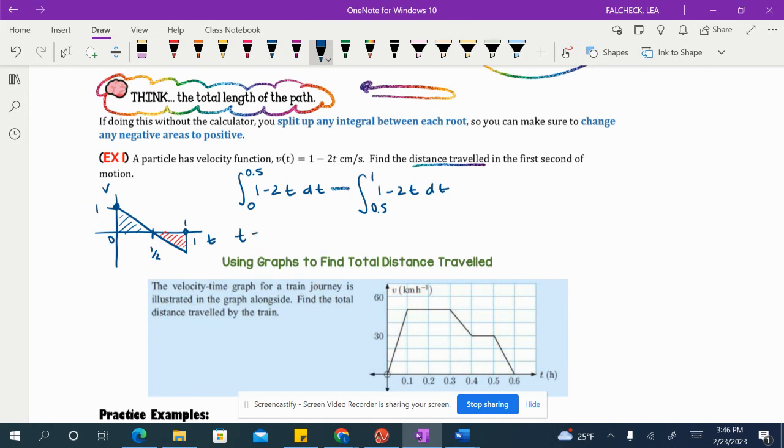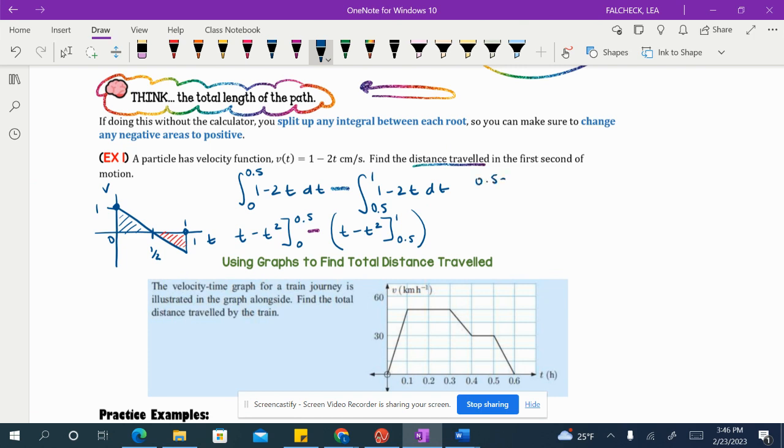Okay, so then we're going to integrate. We would have t minus t squared, and we're integrating that from 0 to 0.5. And then we're subtracting this whole piece here, which would be the same thing, t minus t squared, and this time it's from 0.5 to 1. So we would evaluate the function at the upper bound minus the lower bound, and then subtract the same thing for back here.